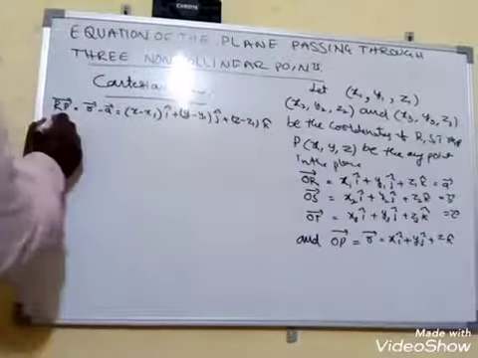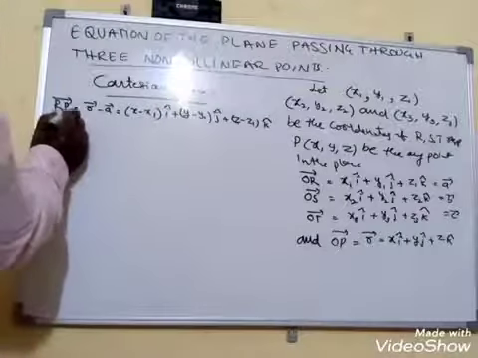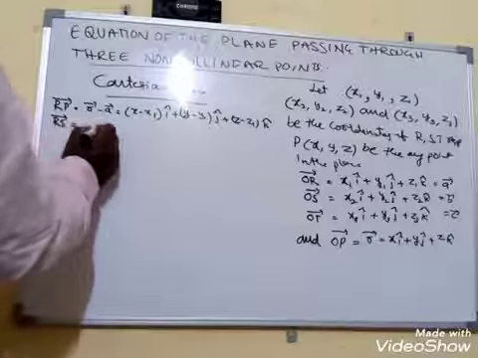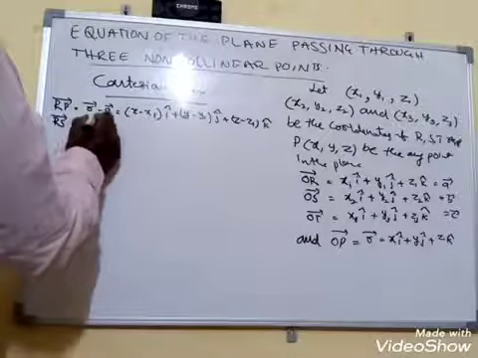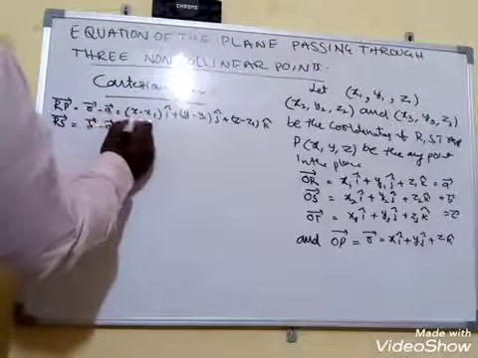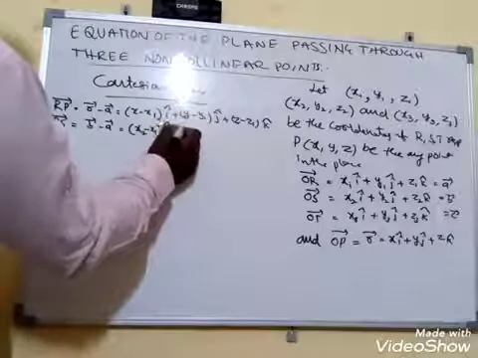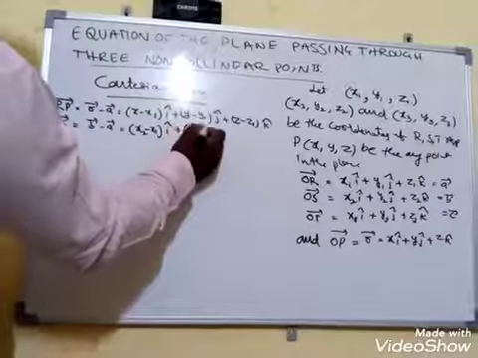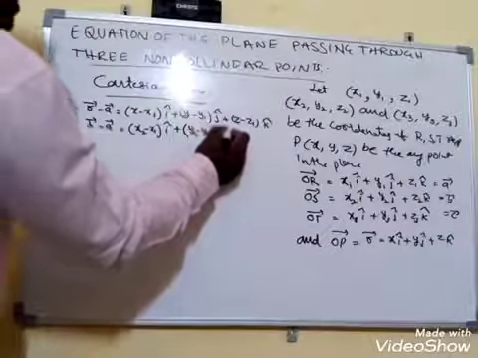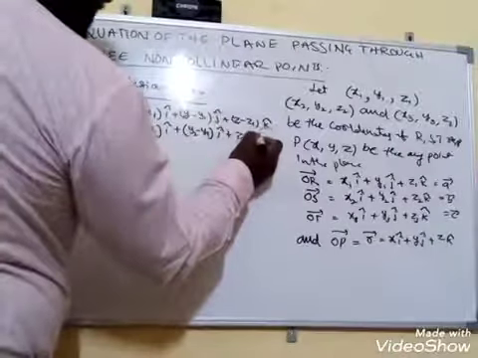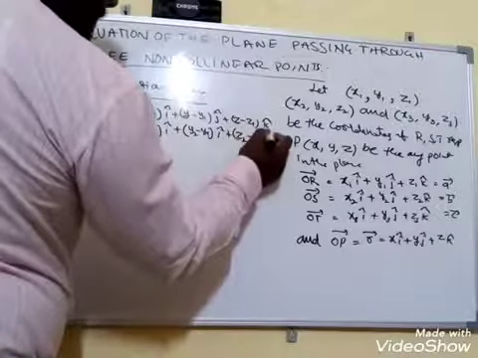Next one is RS bar. RS bar is OS bar minus OR bar, that is B bar minus A bar. Then you are going to get (x2 minus x1) i cap plus (y2 minus y1) j cap plus (z2 minus z1) k cap.